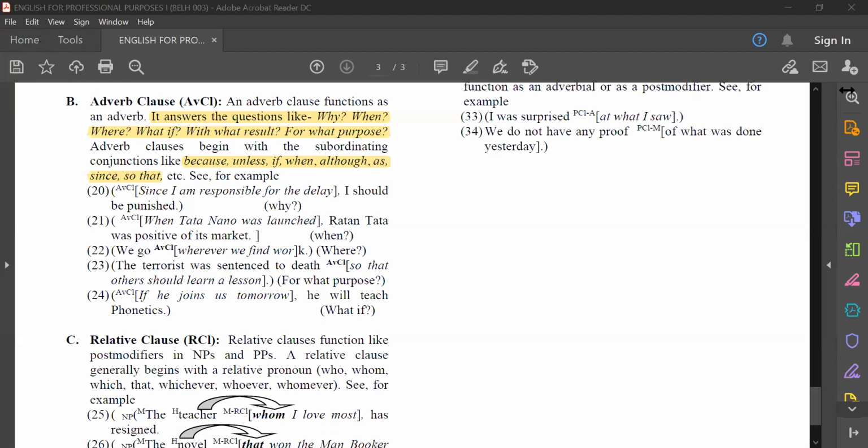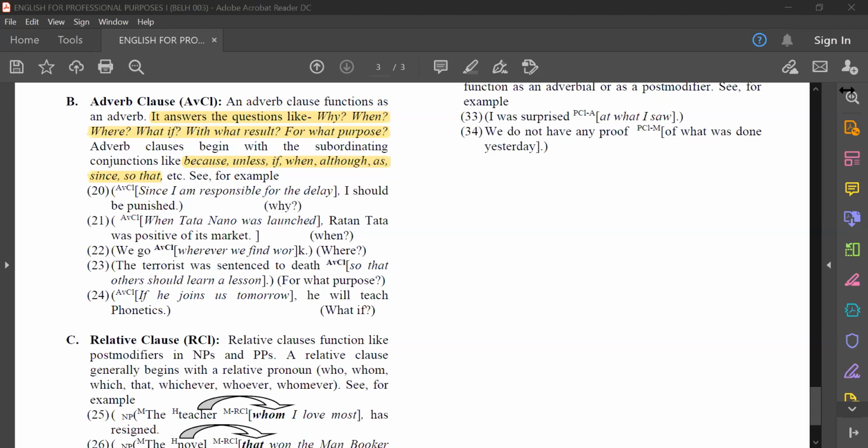Okay. See, Shubhanshi, the independent clause here is "I should be punished", right? This can work in isolation. Now, the reason, the purpose, is the main point. If why I should be punished is being asked and reflected in the clause, then we consider it an adverbial clause.